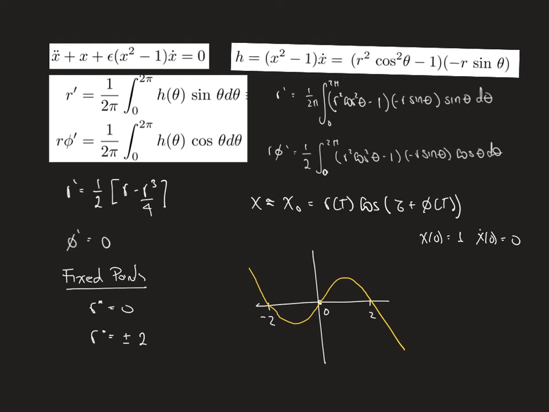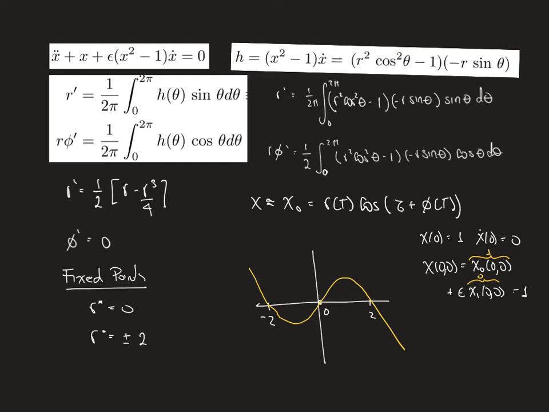If we transform these initial conditions to the two time scales, it means that we have x of 0, 0, which is equal to x0 of 0, 0 plus epsilon x1 of 0, 0 equal to 1. And in here we can just say this is equal to 1 and this is equal to 0.